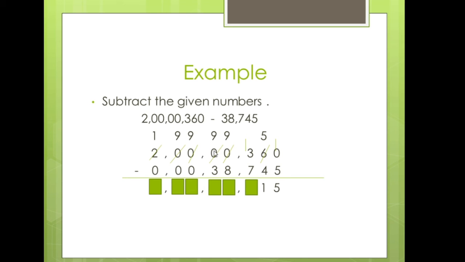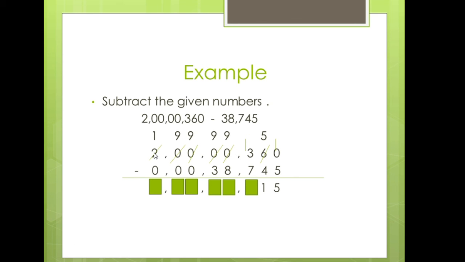For that I need to move on. Again the number is 0, so I need to make it 10 again, and again I need to move on. Now again there is a 0, again there is a 0, and now there is 2. So I can take 1 from here, and then I will go back in the same sequence.